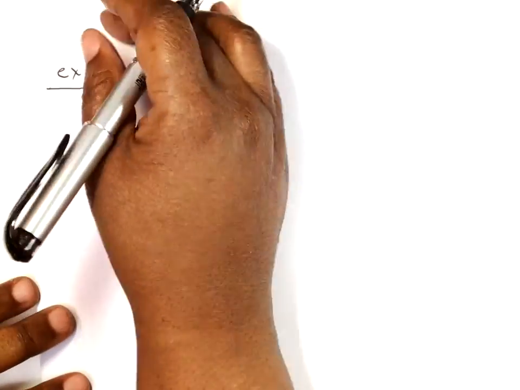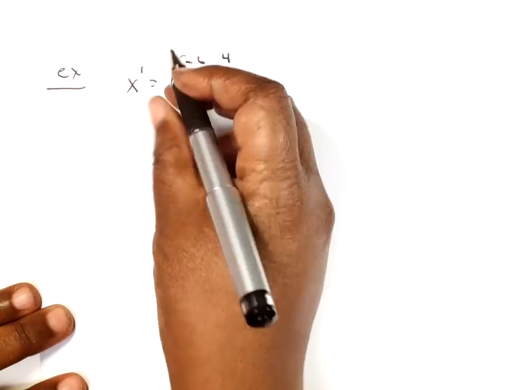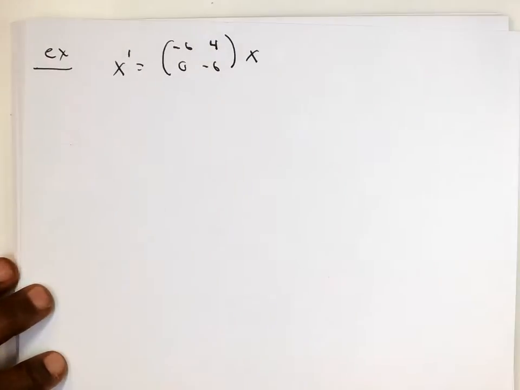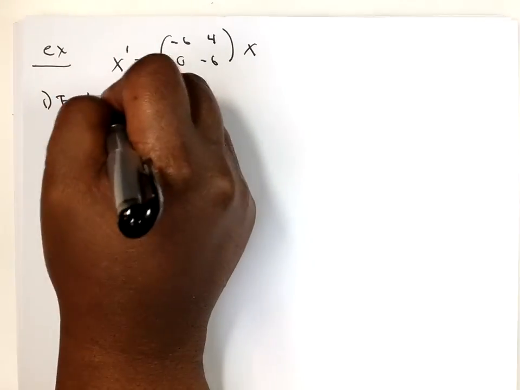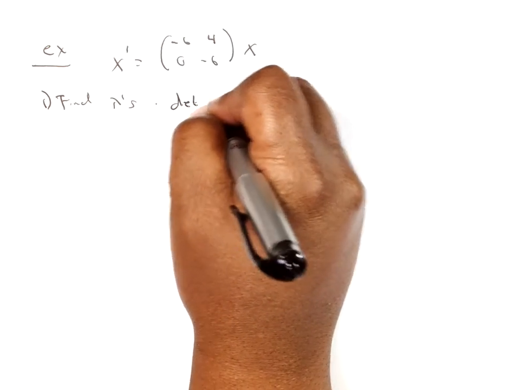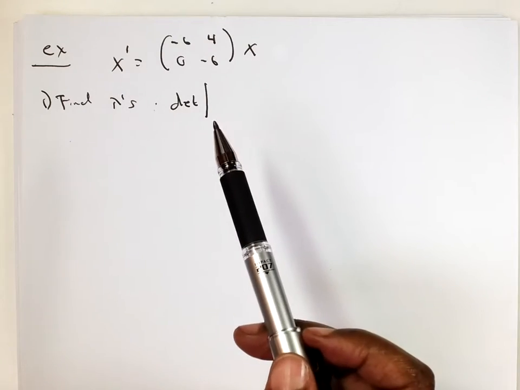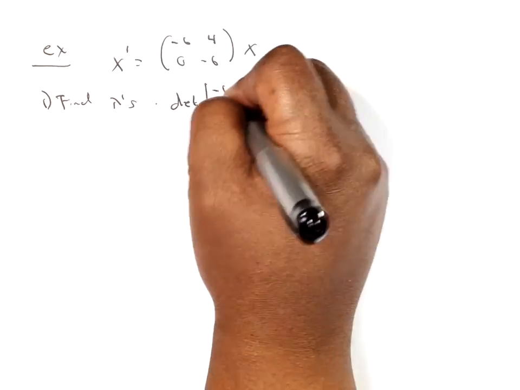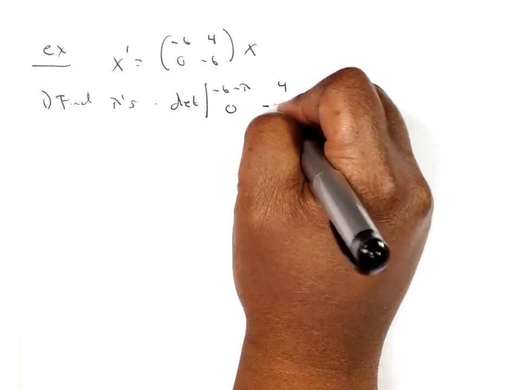So for our first example, we have x prime is negative 6, 4, 0, negative 6 times x. So first I want to find my lambdas. So take the determinant, and again, it's lambda I, so it's the identity matrix times lambda, so you just get lambdas on the diagonal. So I get negative 6 minus lambda, 4, 0, negative 6 minus lambda.